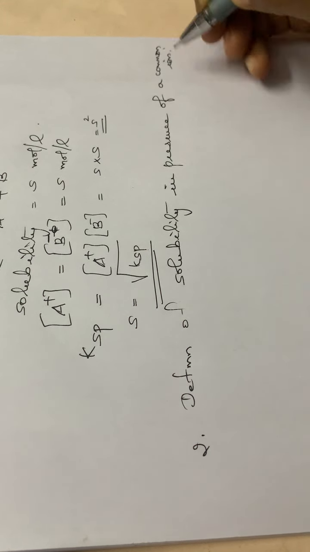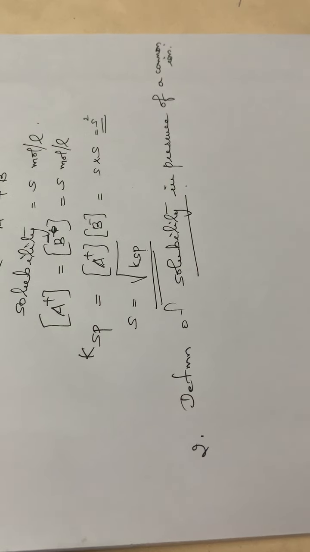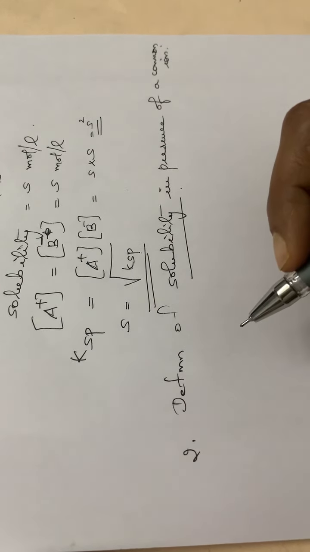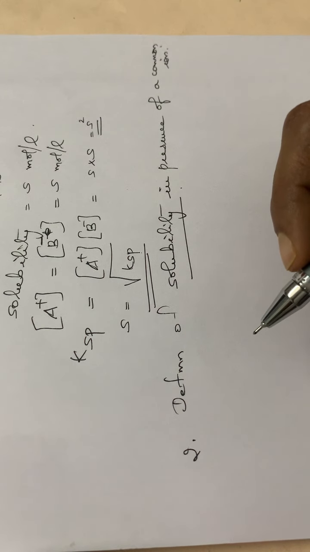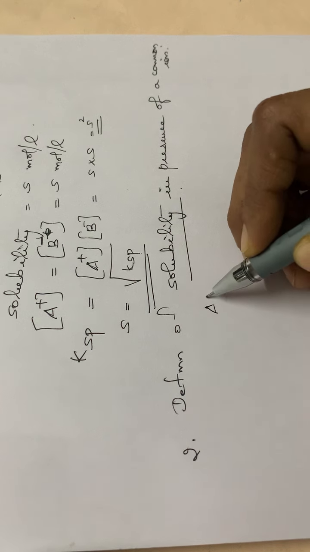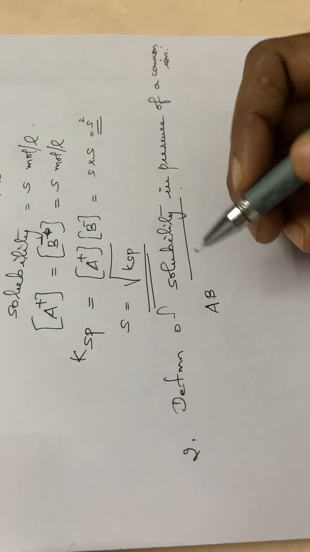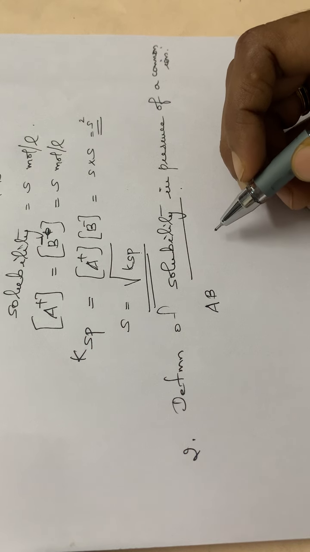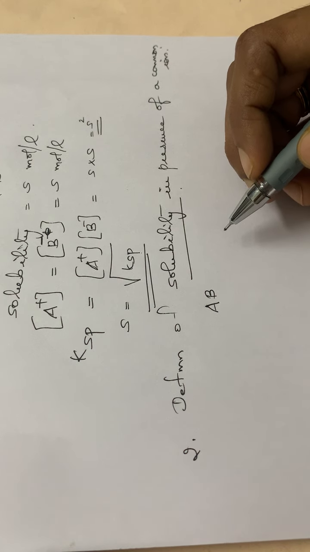Here we are discussing the common ion effect. Suppose we are taking a sparingly soluble salt AB, and this sparingly soluble salt has an ion in common.